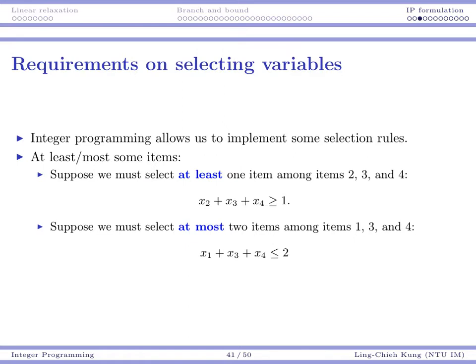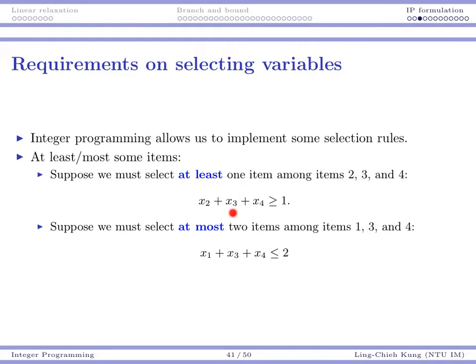Now let's add some challenges. Suppose I have the following requirements. I have some restrictions on selecting variables. Suppose we must select at least one item among items 2, 3, and 4. What should I do? Easy. In this case, it's very easy because these selections have been modeled with binary variables.